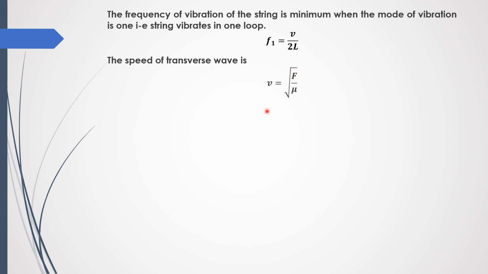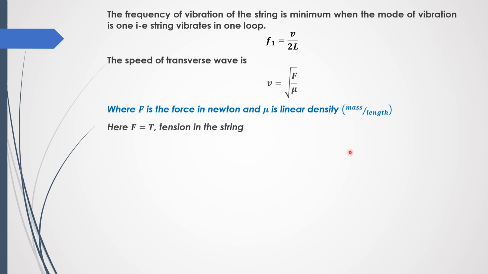This is the formula for the speed of a transverse wave, equal to the square root of the ratio of force and linear density, where F is the force in newtons, and linear density is the mass of a string per unit length. In this case, force is equal to tension, so velocity will be equal to the square root of T upon mu.